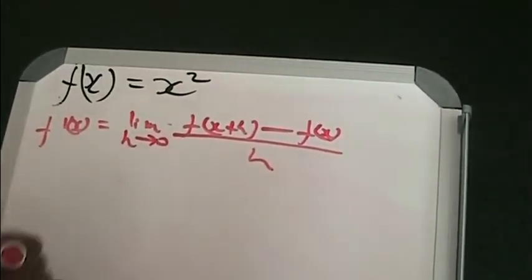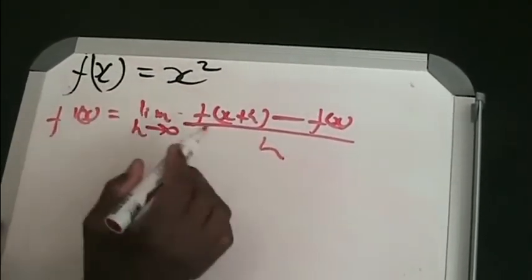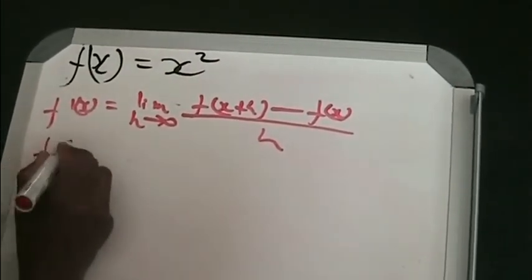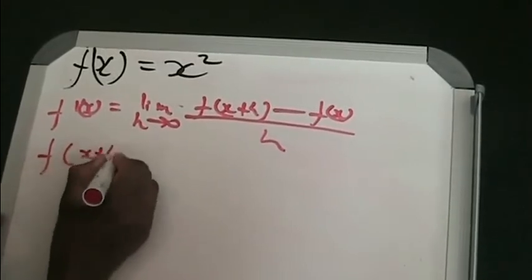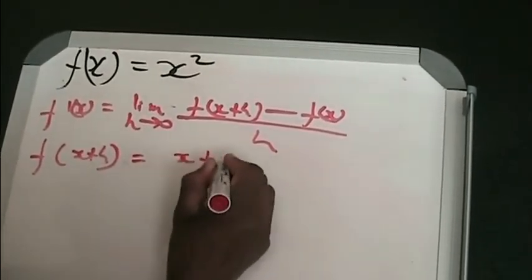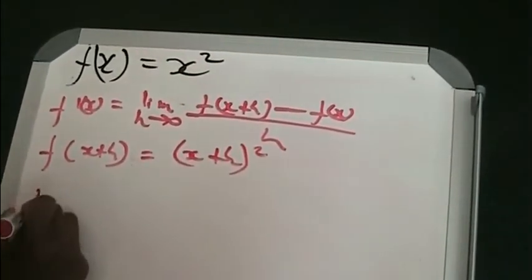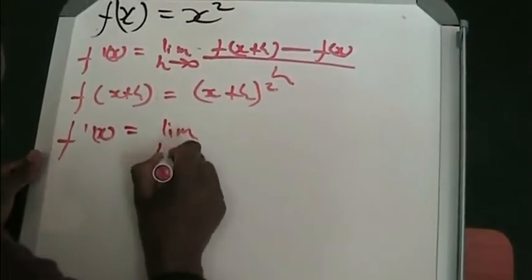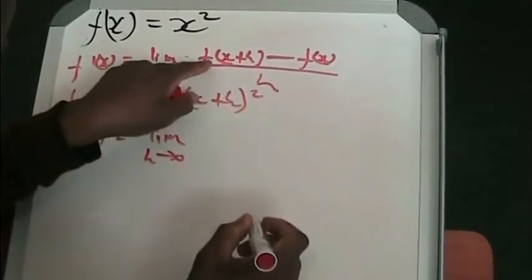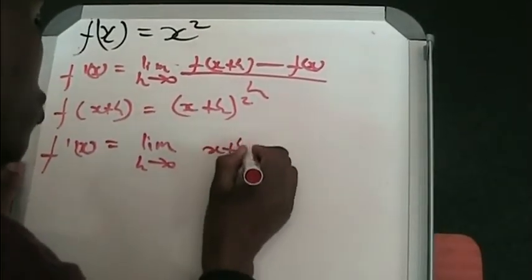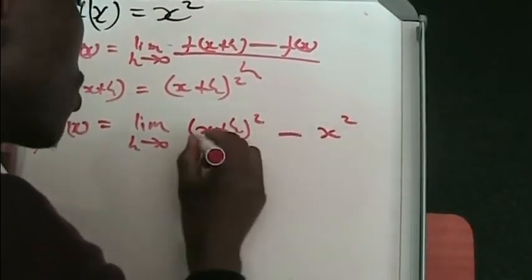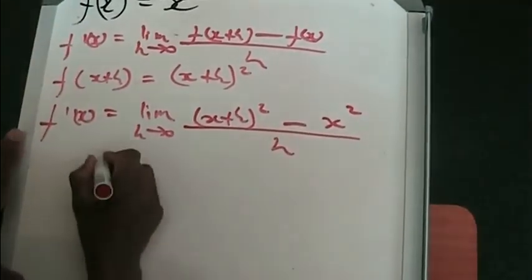Therefore, we do have f of x, then we need to find f of x plus h. f of x plus h is equal to, where there is x, you put x plus h, which is x plus h all squared. Therefore, f prime of x is equal to limit as h tends to 0 of x plus h all squared minus x squared all over h.